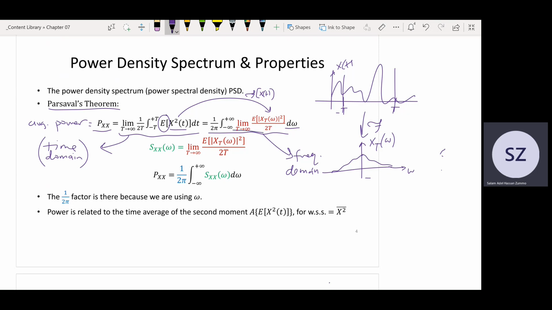Now this part, inside the red, is called the power spectral density, PSD. Okay, it's a power spectral density. Now, if I integrate this power spectral density over omega, if I sum it over the different frequencies, I get the average power.